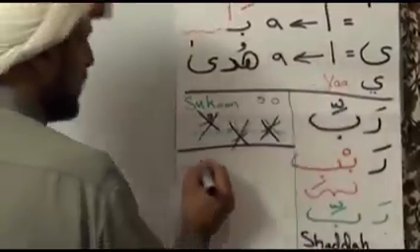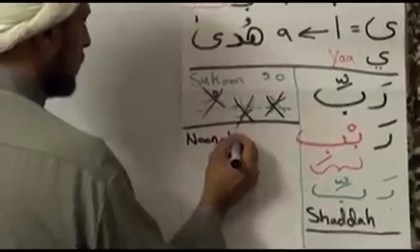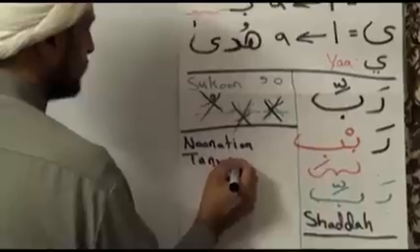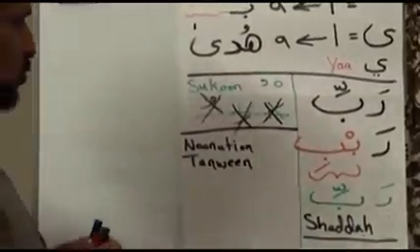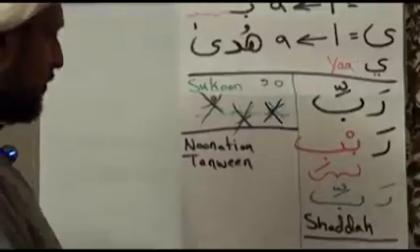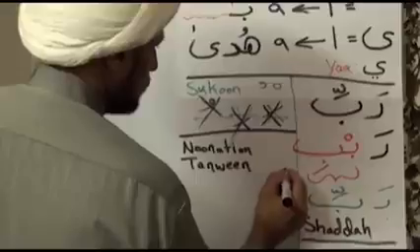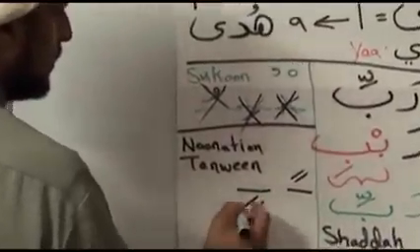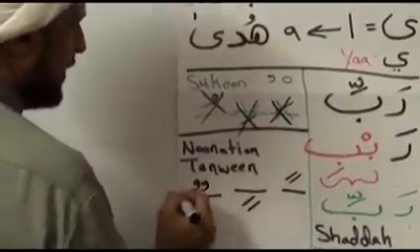Okay? Now we have nunation. We call it tanween. Tanween is like whenever you find double fatha, double kasra, double damma, there is a silent noon.